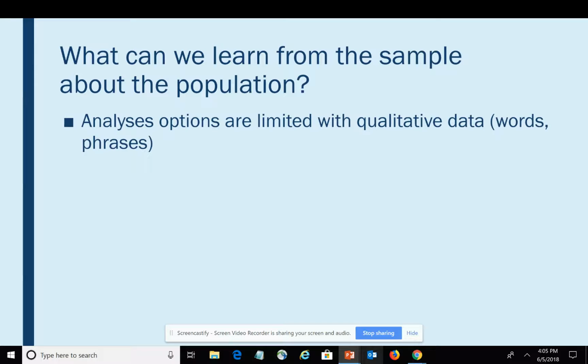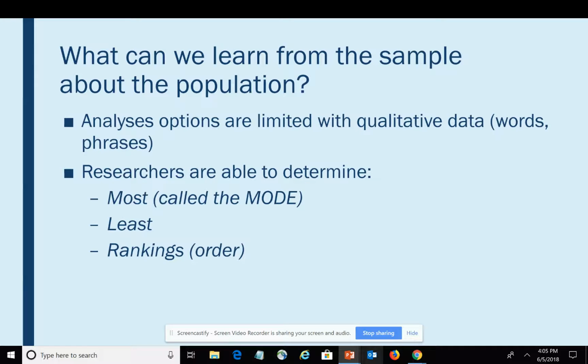With qualitative data, the type of analysis we can do is very limited because we have words and phrases. Since we don't have numbers, we're not able to perform any mathematical calculations. So there are basically three things that researchers can determine whenever they're dealing with qualitative data.